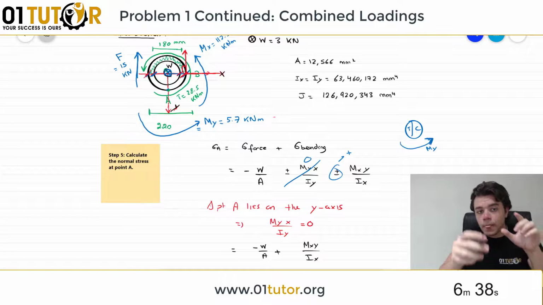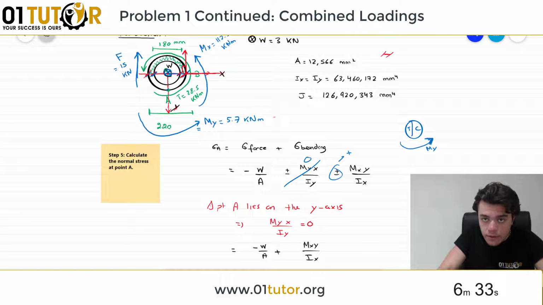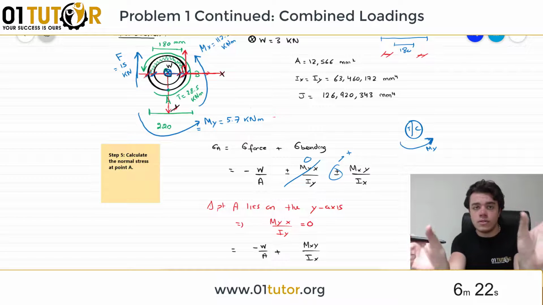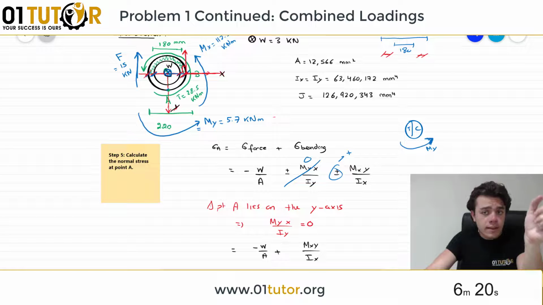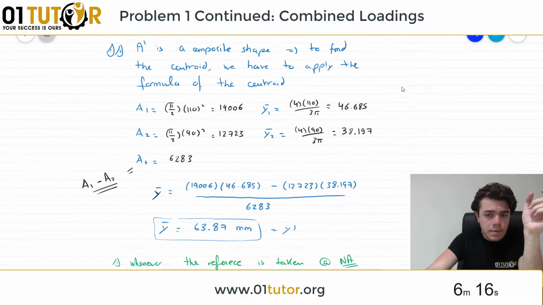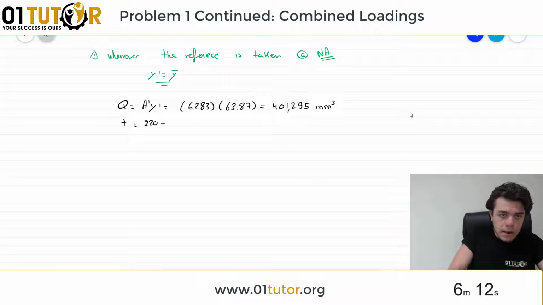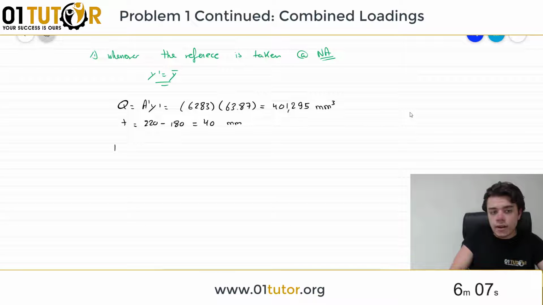So it's going to be these two things in here. How do you find these distances? You subtract 180 from 220. 220 minus 180, you get these two distances which represent t. So t is equal to 220 minus 180, which is 40 millimeters.